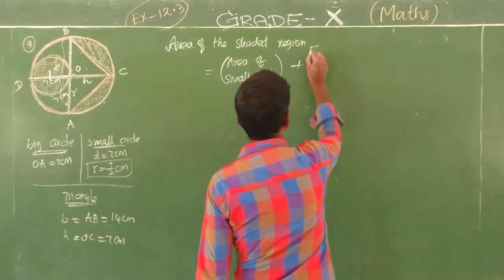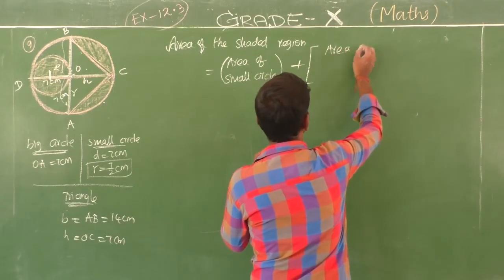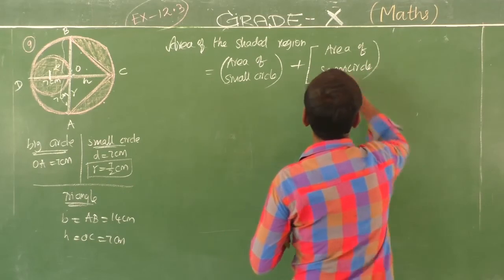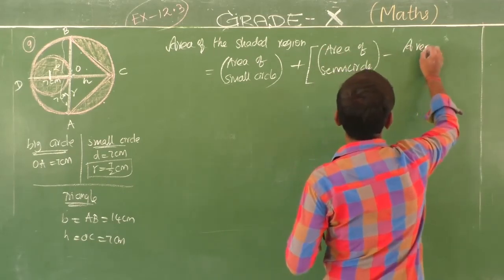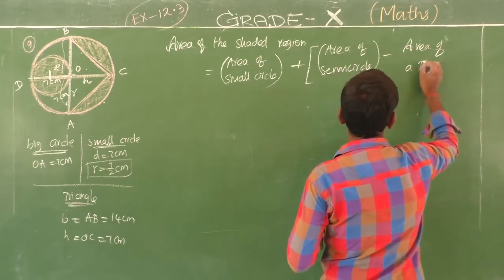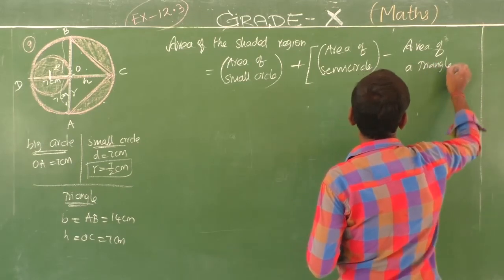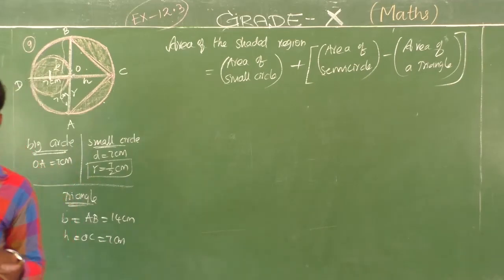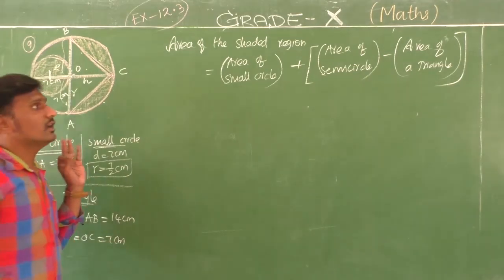Area of the semicircle minus area of the triangle. That's all, students.